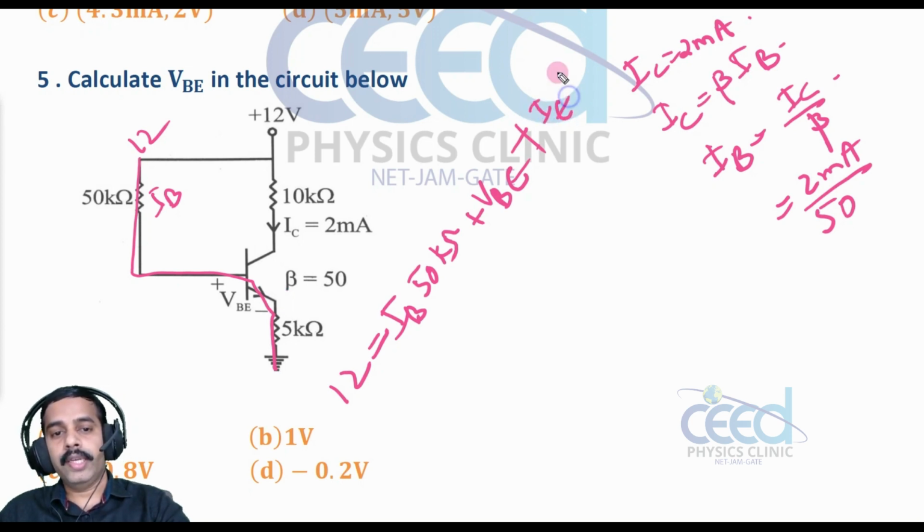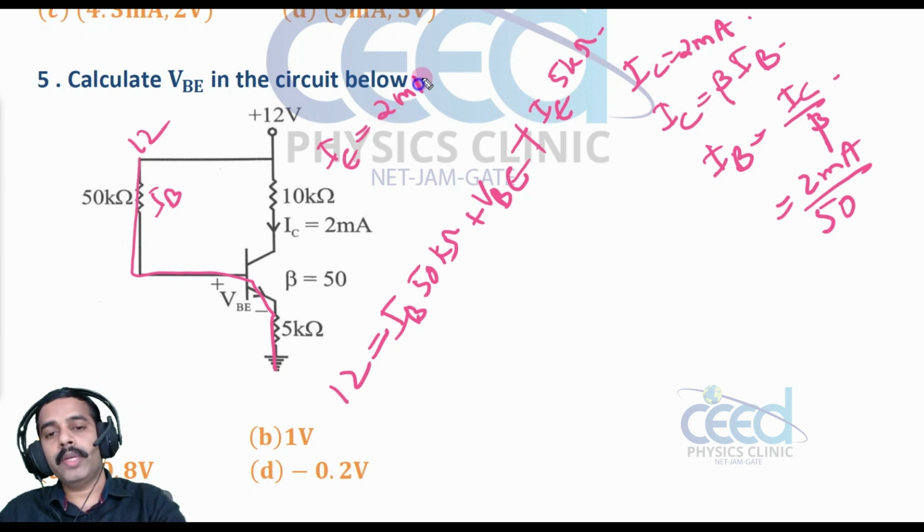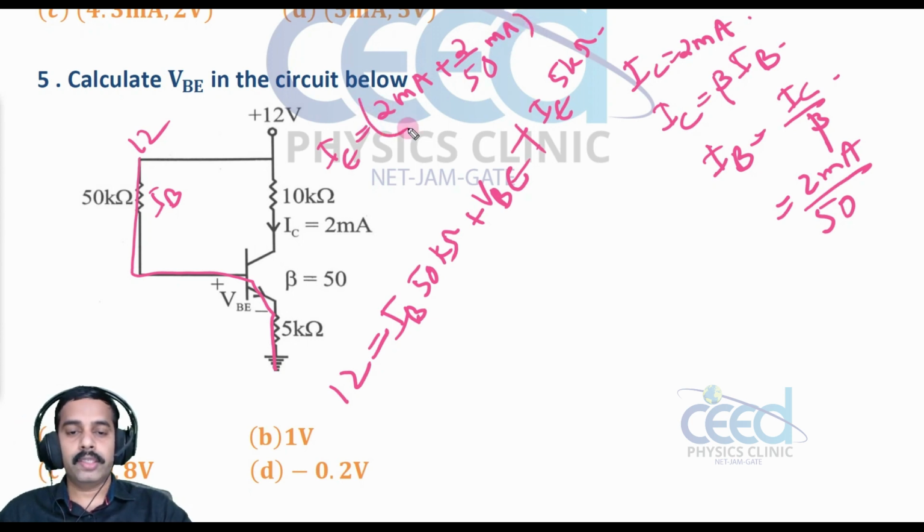RE is equal to again 5 kilo ohm. Now what is IE? IE is equal to IC plus IB. That is 2 milliampere plus 2 by 50 milliampere. Alright. So we have all values here.